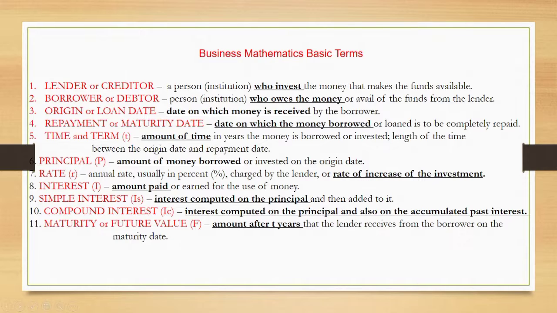And number 11, the maturity or future value, which has a symbol of capital letter F. It is the amount after 2 years that the lender receives from the borrower on the maturity date. Ito po yung pera na makukuha ng nagpapautang mula sa umutang, yung pera na hiniram during the maturity date or yung pagbabayad ng inutang po. So, yun po ang mga basic terms of business mathematics.